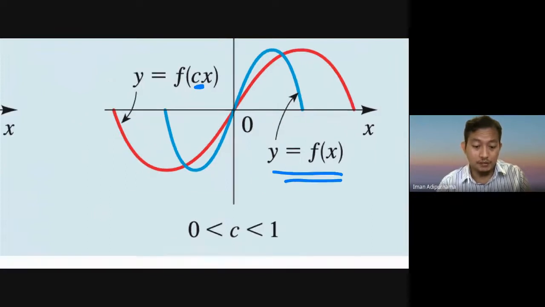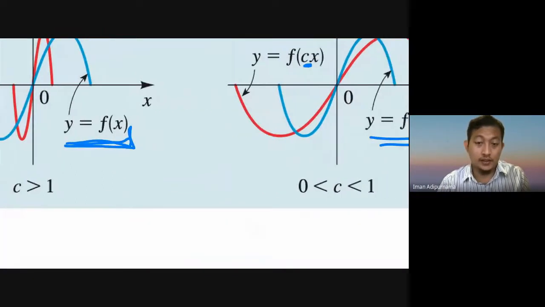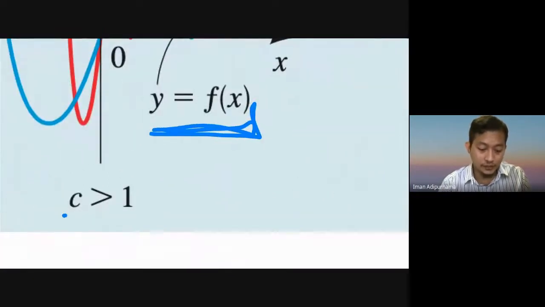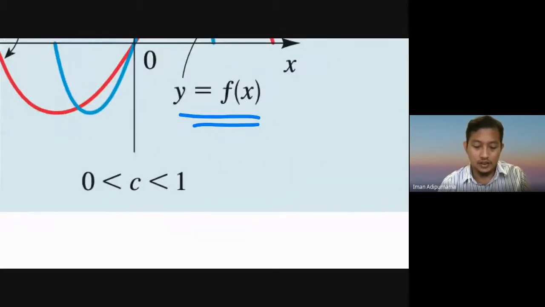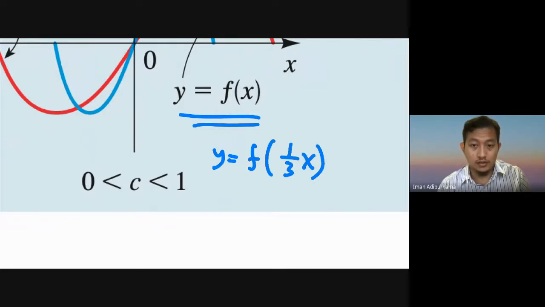The difference between the left side and the right side is if you have a constant greater than 1, so maybe f of 3x. Okay.